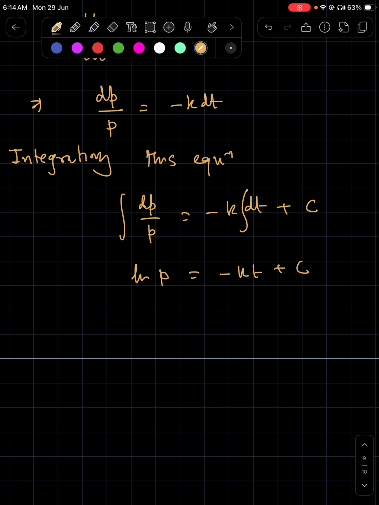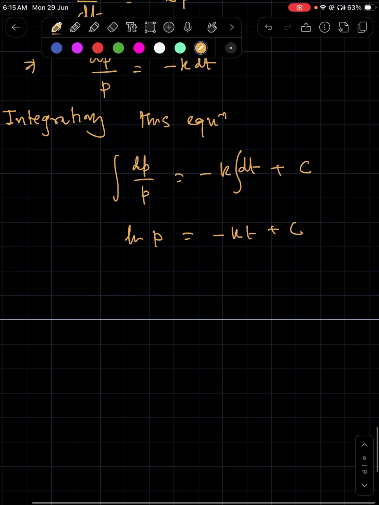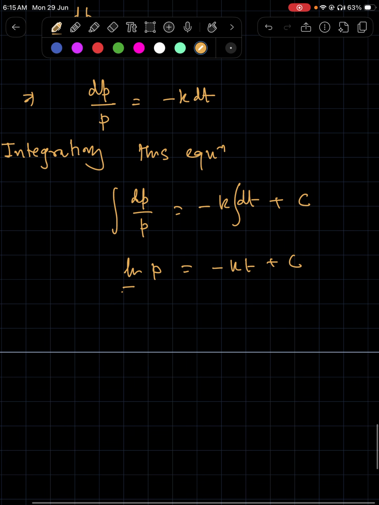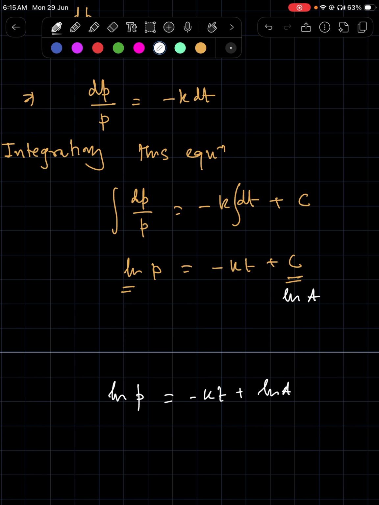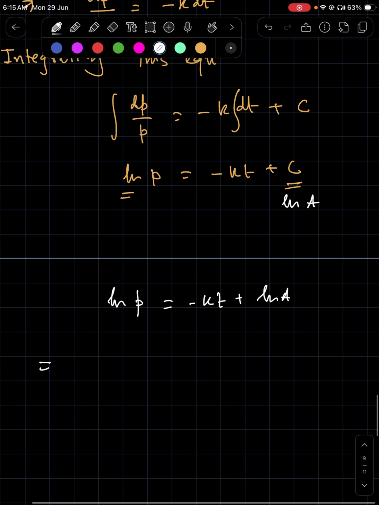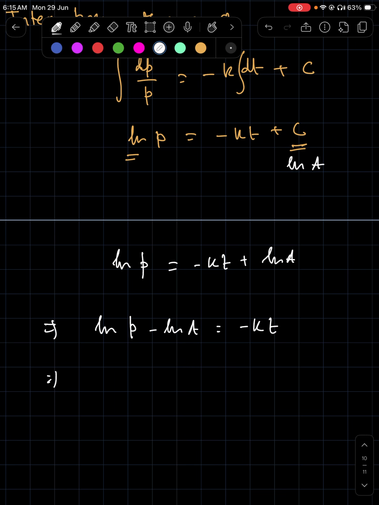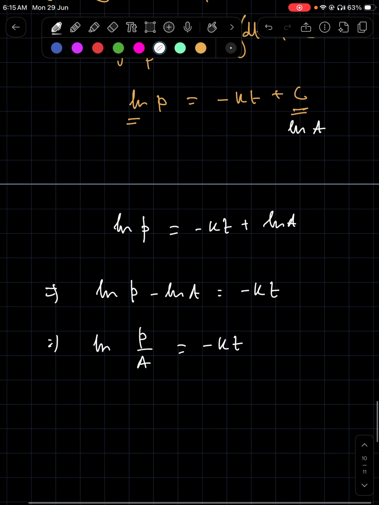Our task is to find the velocity of the particle at any instant of time. Again, we see that there is a log here, so we express the constant in terms of a log, say ln A. So ln P equals minus k t plus ln A. It becomes ln P minus ln A equals minus k t. That is ln (P by A) equals minus k t.